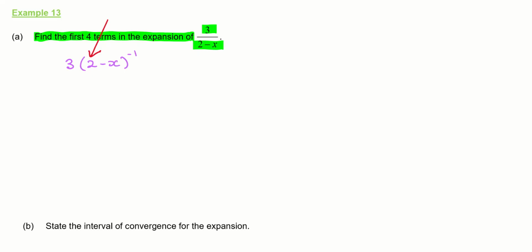And the way that we do that is we're going to take 2 to the negative 1 in front of the bracket, and then it will be 1, take away a half x to the negative 1. So notice how this works. If you do 2 times 1 take away a half x, that is 2 take away x.